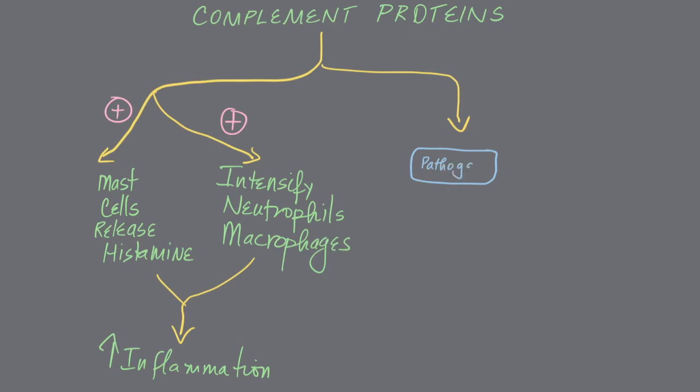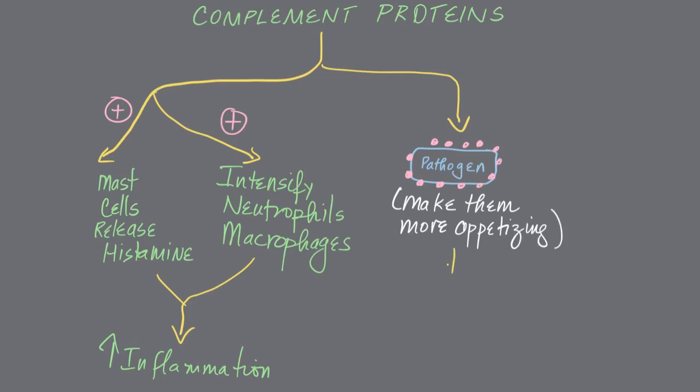The complement proteins shown in pink coat the pathogen as if you were to season your food, so that they would be more appetizing to the phagocytes. This actually has a name. We call this process opsonization, which means make the pathogen into food. And this really helps because the phagocytosis is intensified.